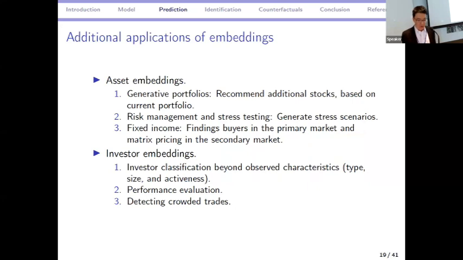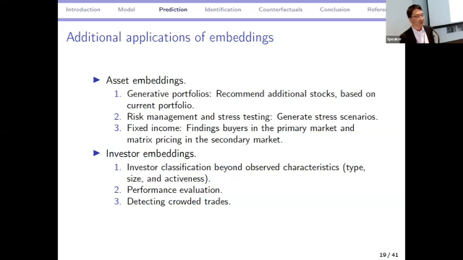So there are additional applications of embeddings. Embeddings are fundamentally about comparing assets or investors, right? So based on embeddings, we can do generative portfolios. Based on your current portfolio, I can make the next recommendation. How can I do that? Well, I can get the embeddings for your current portfolio and see which stocks have similar embeddings to your current holdings. That's a generative portfolio.